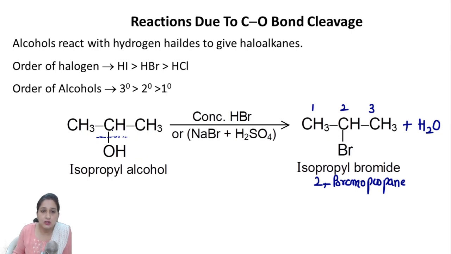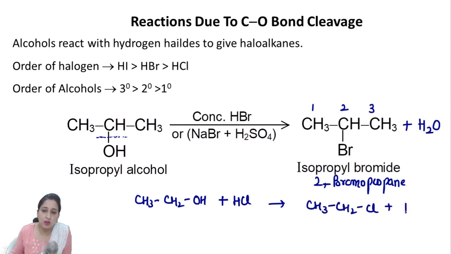Similar reaction can also take place with tertiary as well as primary alcohol. For example, if this is your primary alcohol and we treat it with HCl, then we will get the product CH3CH2Cl, plus water will be lost. So this will be your chloroethane. Its name will be chloroethane. So this is the first example of the reaction which involves the cleavage of CO bond.